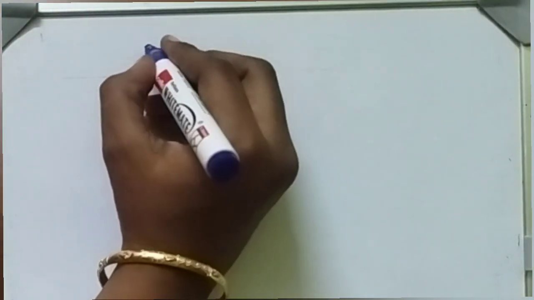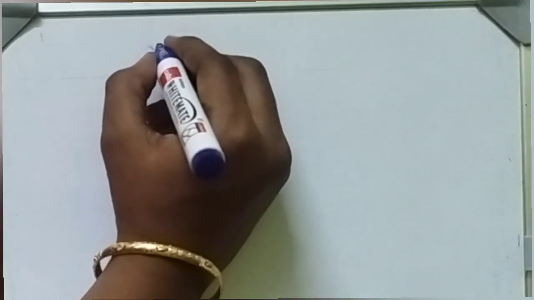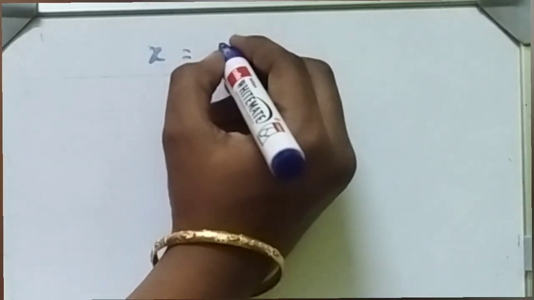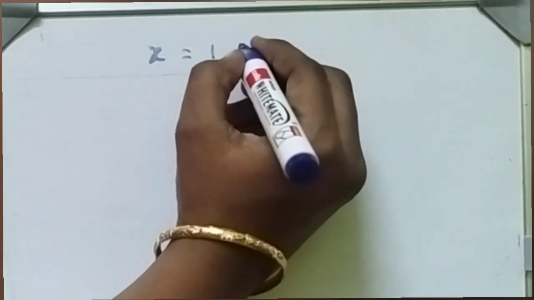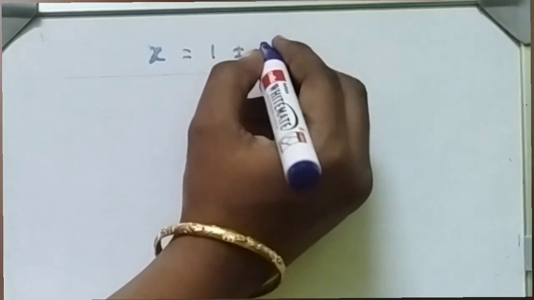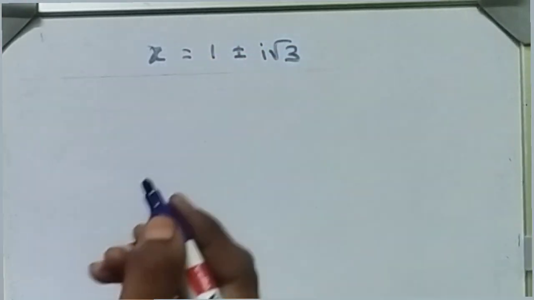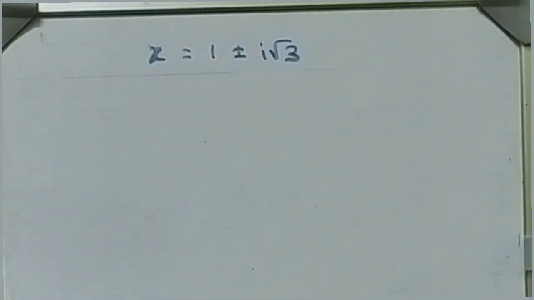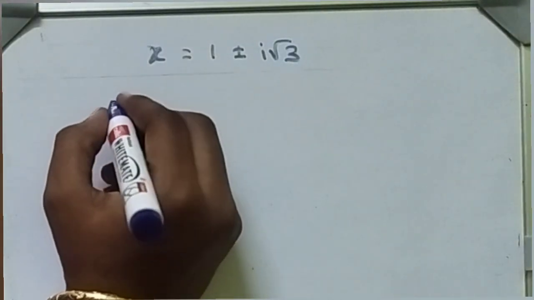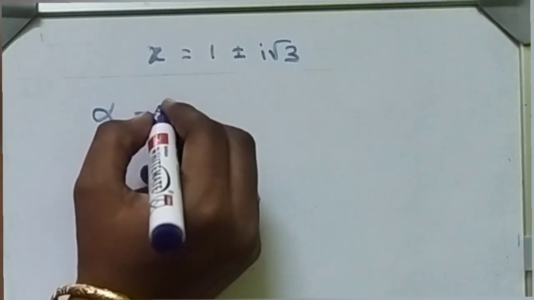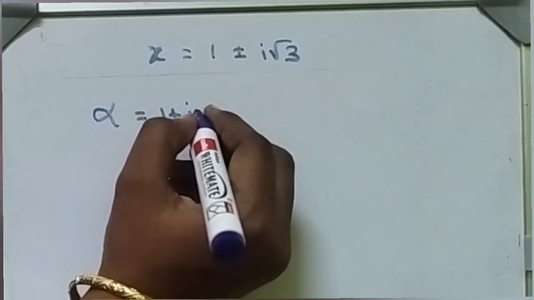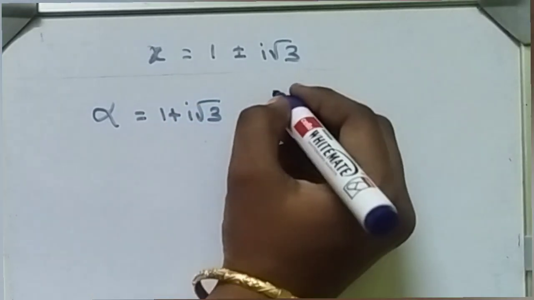So what do we have? We have x equals 1 plus or minus i root 3. So we have two roots here. What are the roots? Alpha and beta. So I am taking alpha equals 1 plus i root 3.